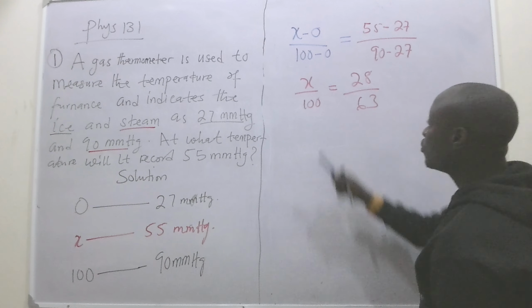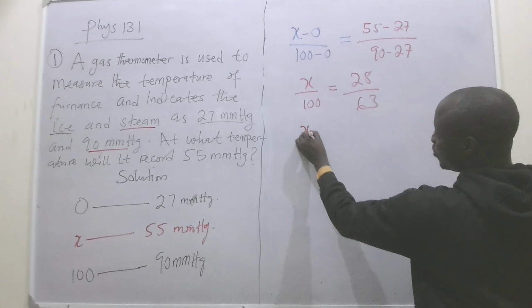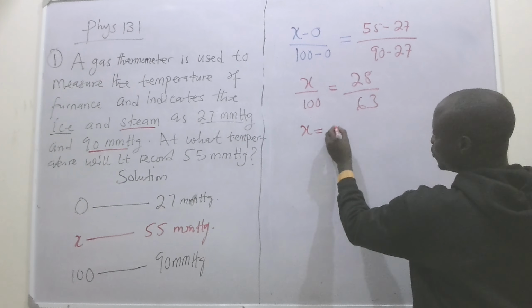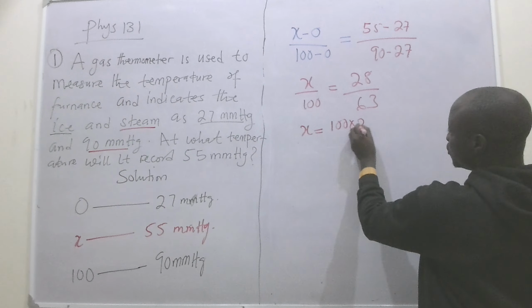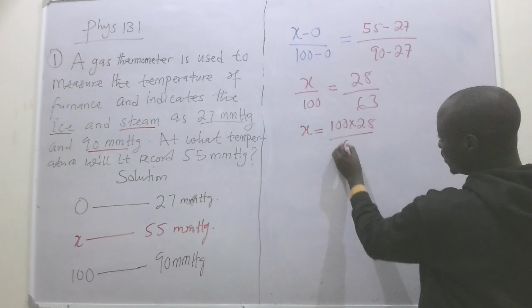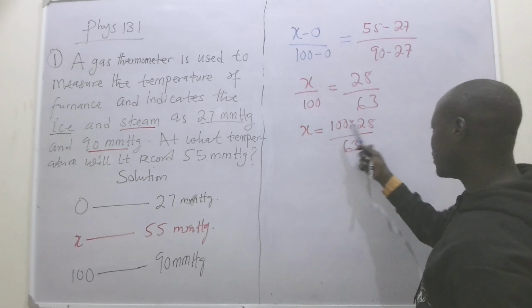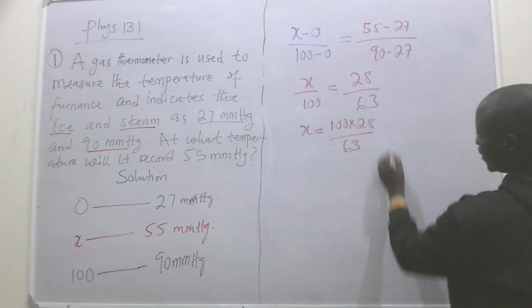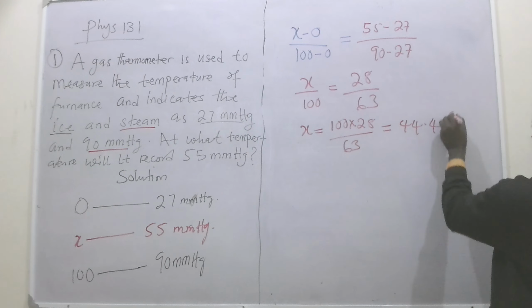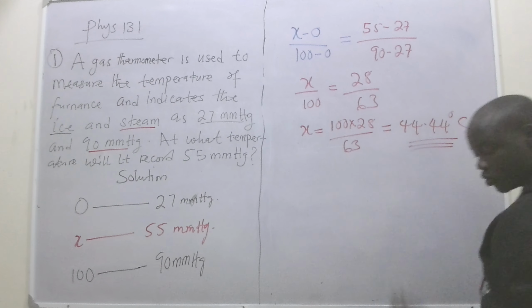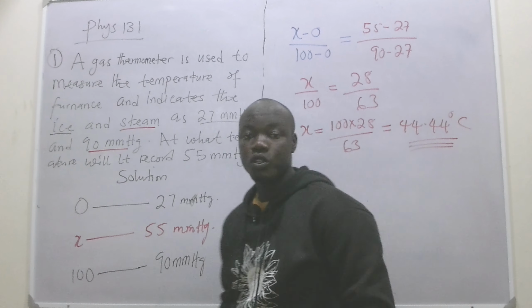Therefore, we cross multiply, which gives us x equal to 100 times 28 divided by 63. So 100 times 28 divided by 63 is going to give us 44.44 degrees centigrade. So this is the answer to this question.